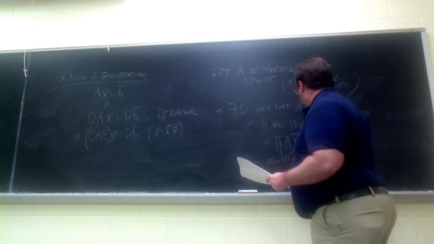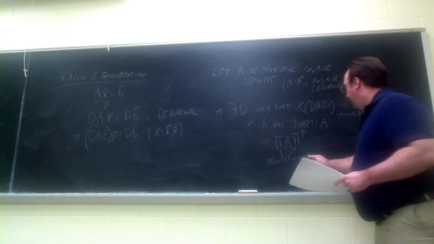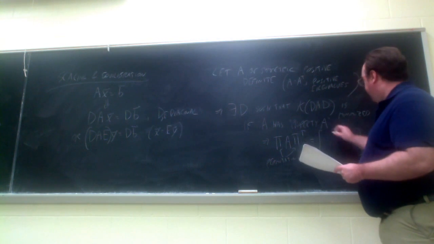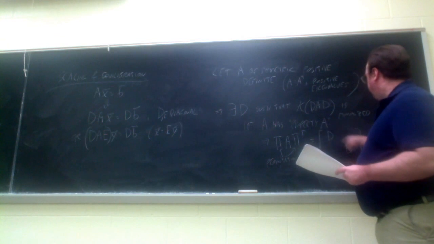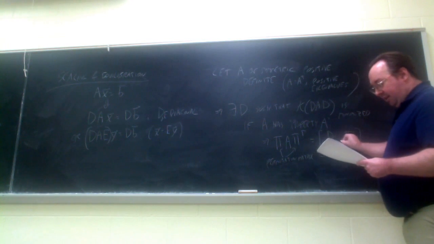In other words, there's some ordering of the rows and columns, the same ordering for both, that gives the matrix this structure: diagonal matrices in these two blocks, and then the other blocks are just transposes of each other.